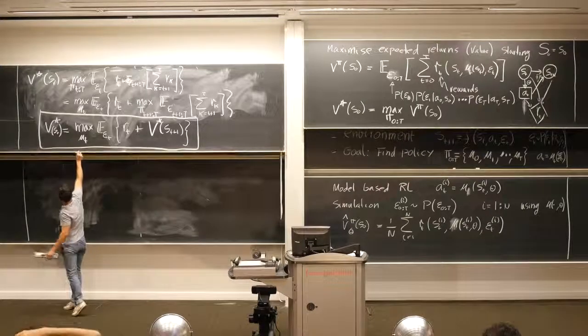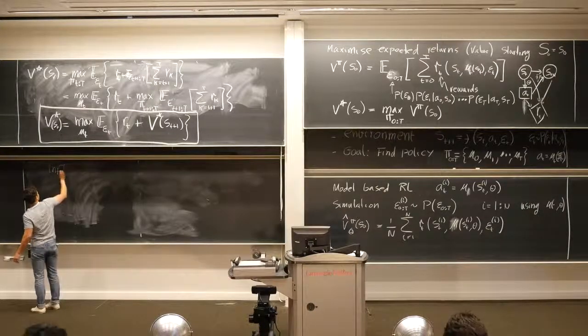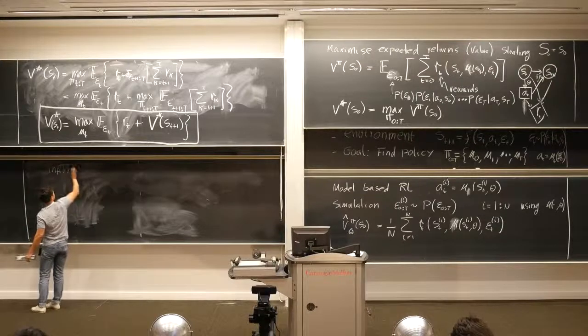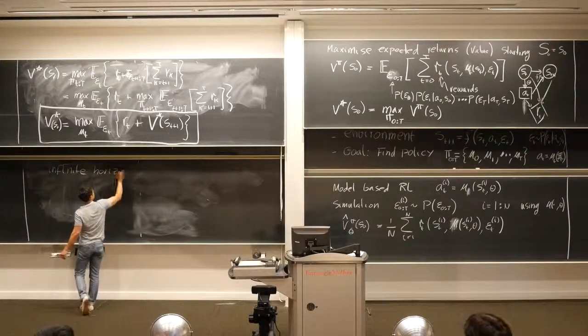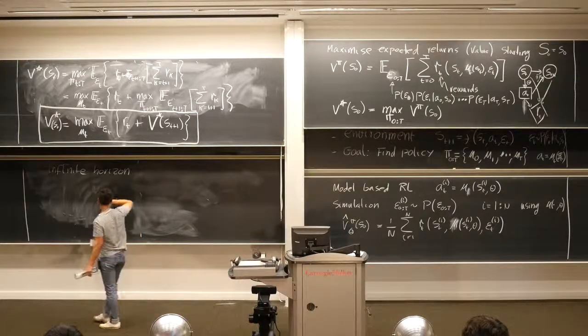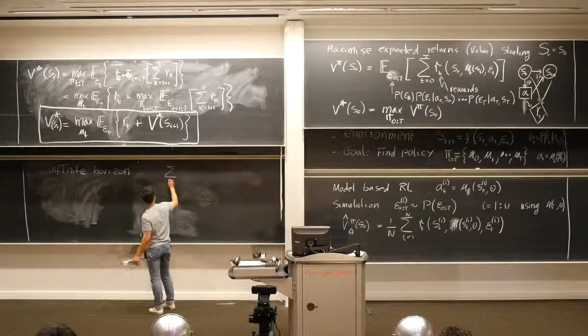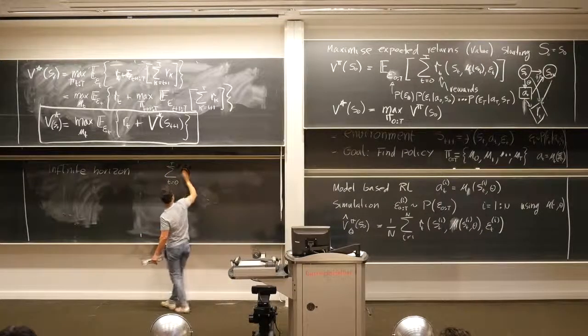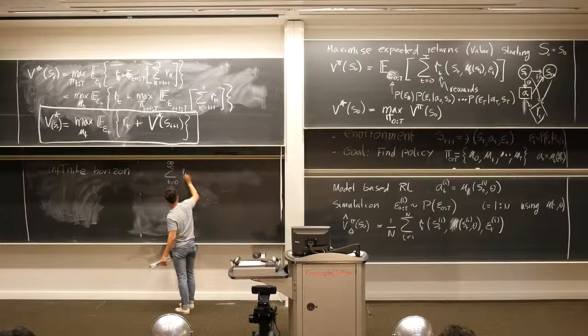Now, there are also infinite horizon versions of this equation, and the infinite horizon is exactly the same thing. But in the infinite horizon, the objective is a sum from t equals 0 to infinity of r_t.